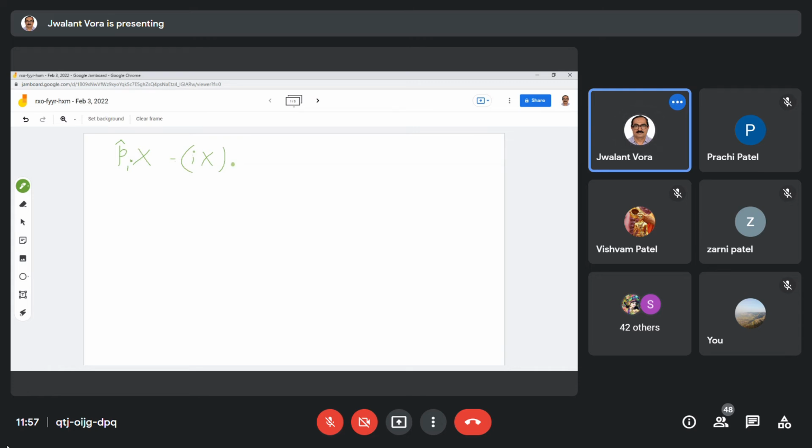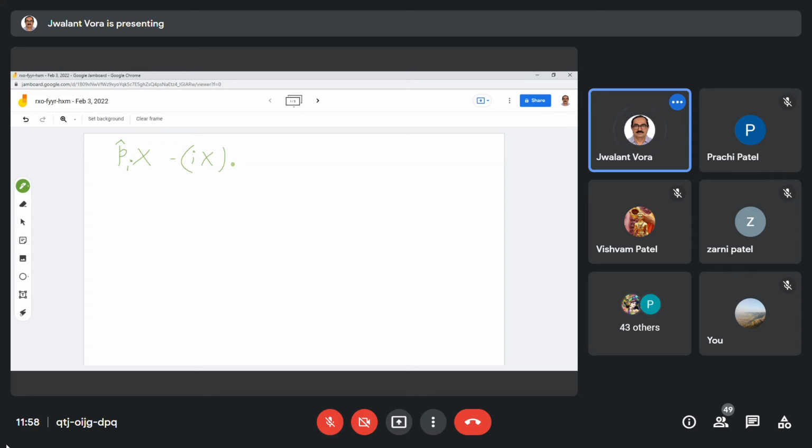Operator method says it is pi square x. Pi square is equal to pi into x. Now pi into x, equation number 3, this is equal to pi into ix into i. This is equal to ix, taking it forward, i into x into pi into i.